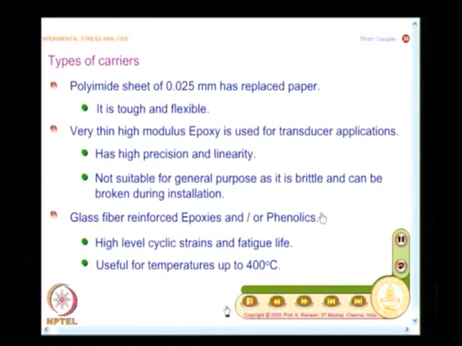Though it is a list of facts, sometimes boring, you need to know them. It is also surprising: you have a polyamide sheet, you have an epoxy, and you also have glass fiber reinforced epoxy. So, for high level cyclic strains and fatigue life, you go in for a very special carrier, and this is useful for temperatures up to 400 degree centigrade.